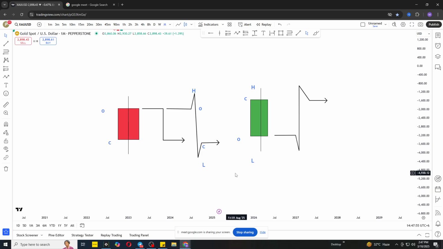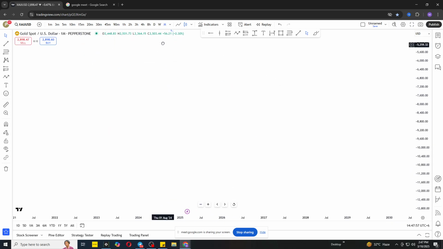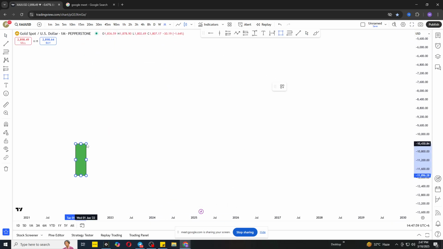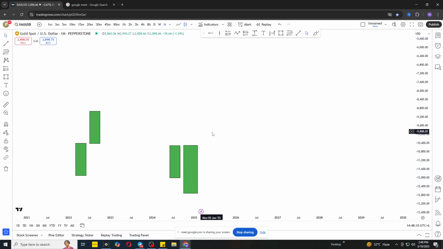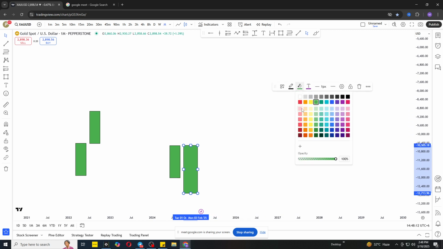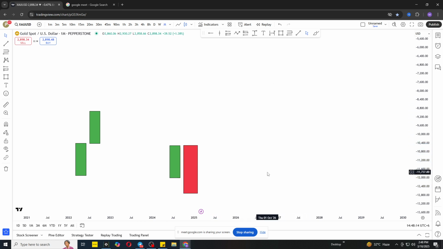So if you look at here, let's say I have this as a green color and I have this another green color. This is one type of example, and this is another example like this. Out of these two scenarios, which one is the combination? The second one.